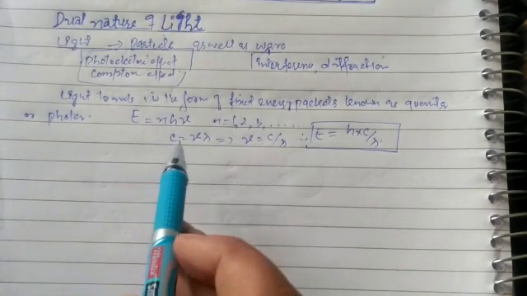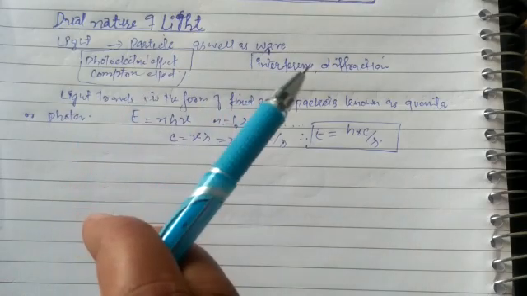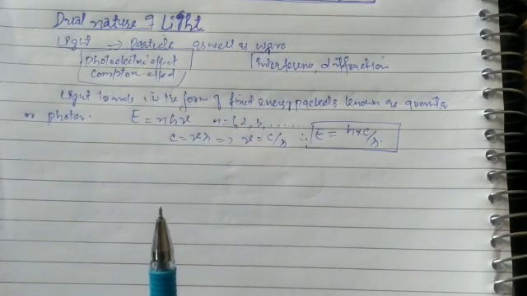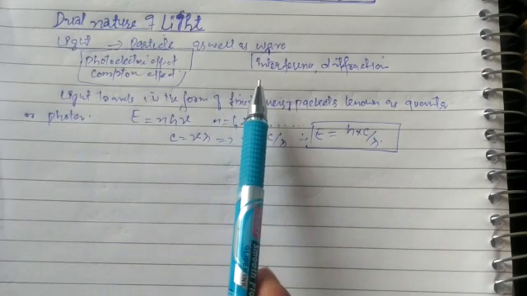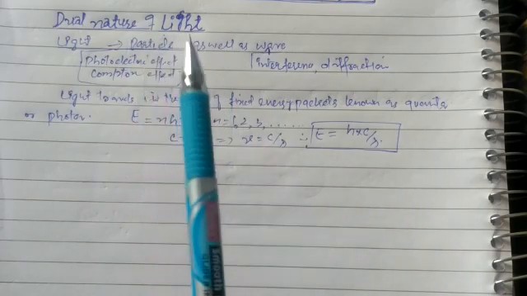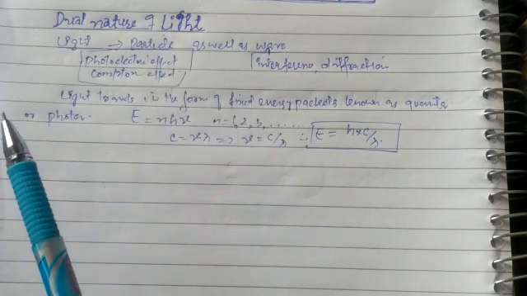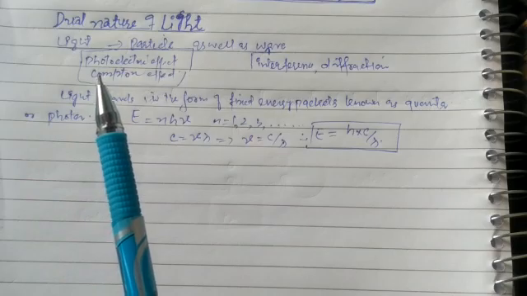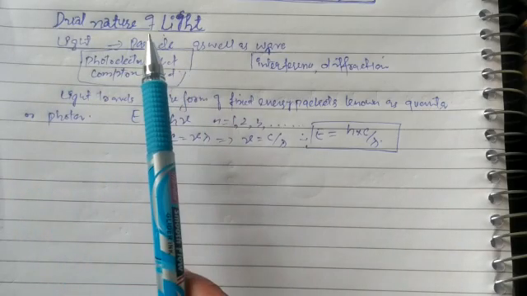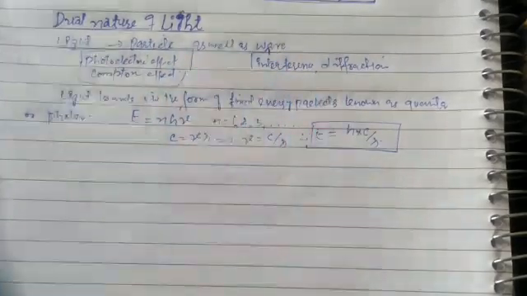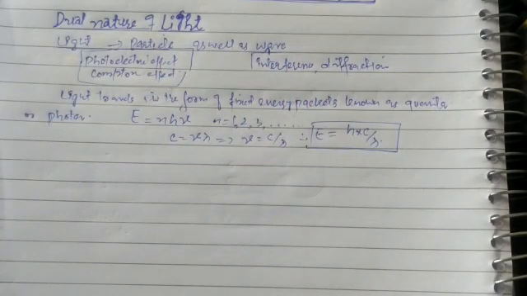So now we have to understand that in dual nature, light has dual nature, but it depends upon the effect. I'm saying that the dual nature of light is not fixed. Tomorrow, if some different effect is found, which is explained neither by particle nature nor by wave nature, maybe there might be some different nature of light.